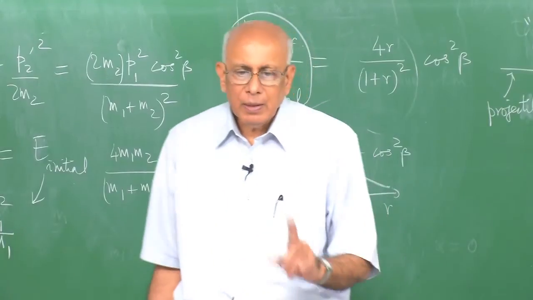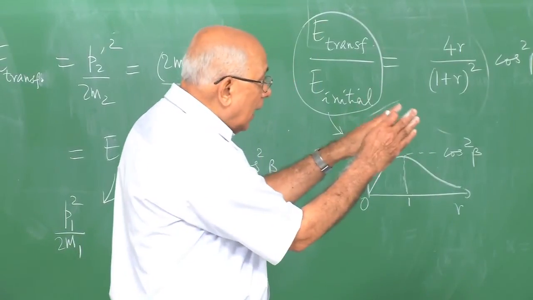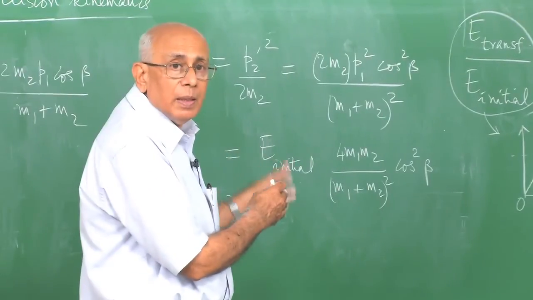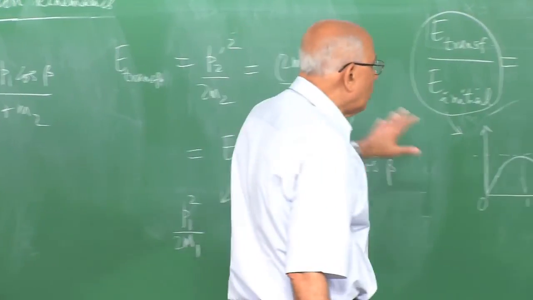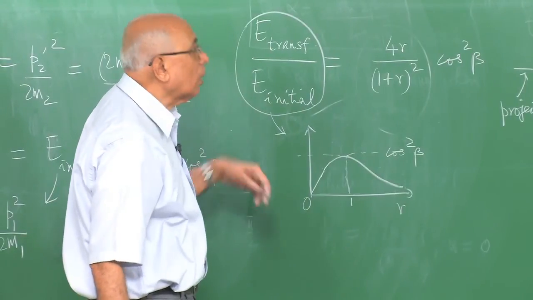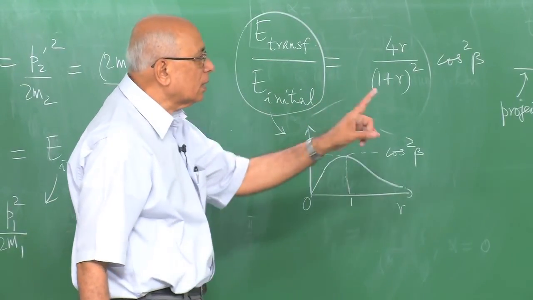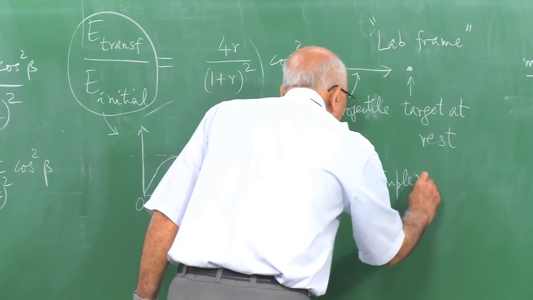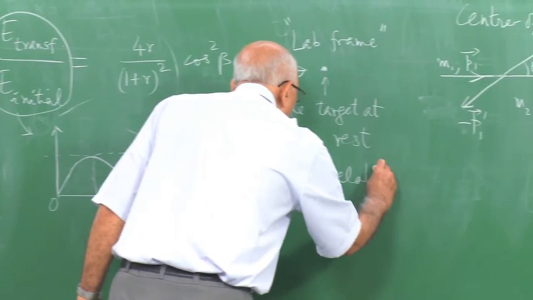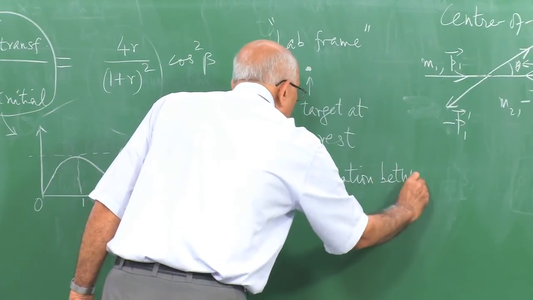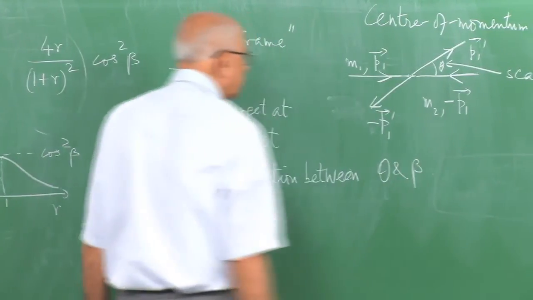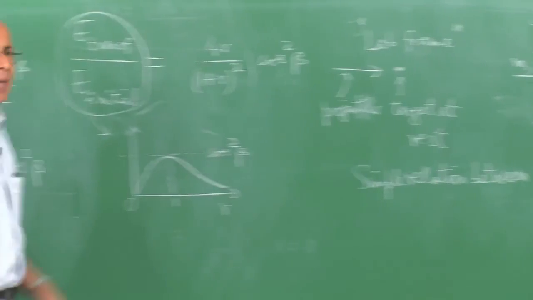Now I mentioned without proof that there's a simple relation between that scattering angle theta and the angles alpha and beta that we talked about here. The reason the formulas were very simple in terms of beta and not in terms of alpha is because there's a simple relation between theta and beta, which takes a little bit of derivation.